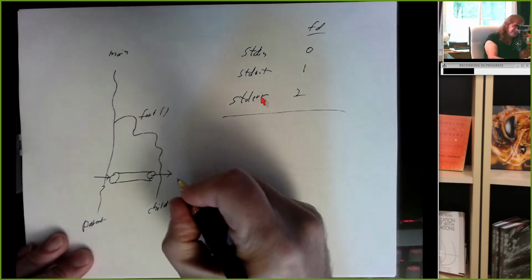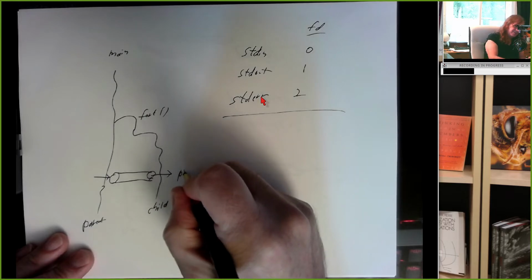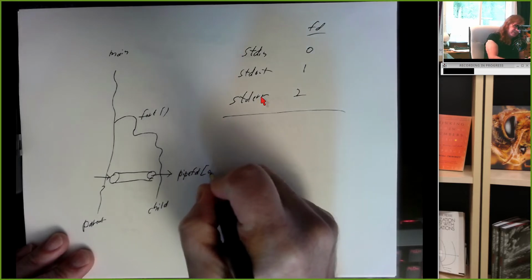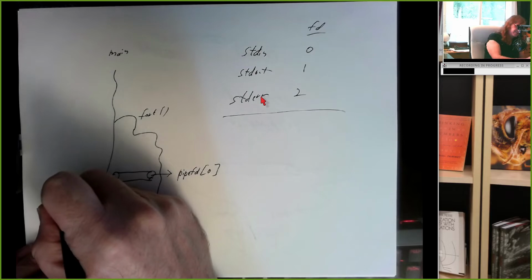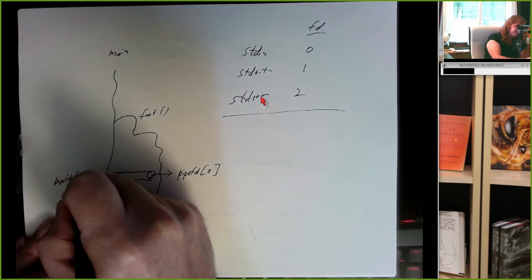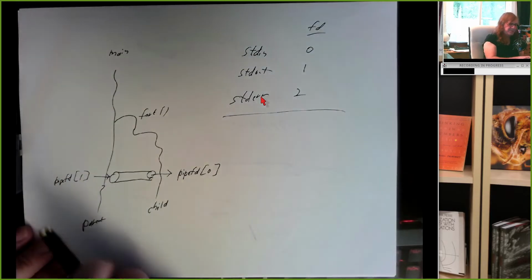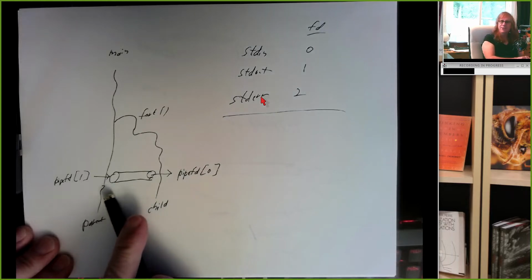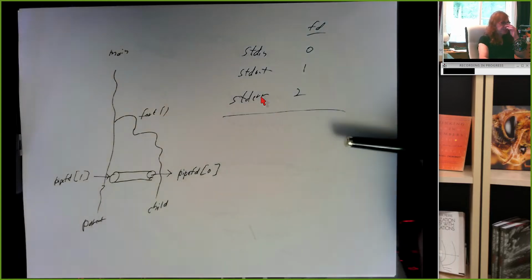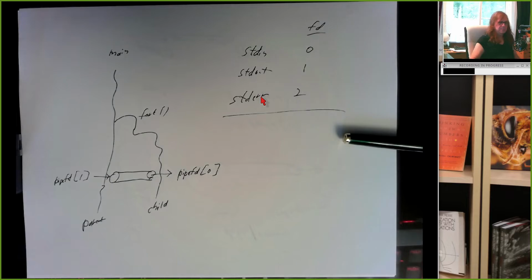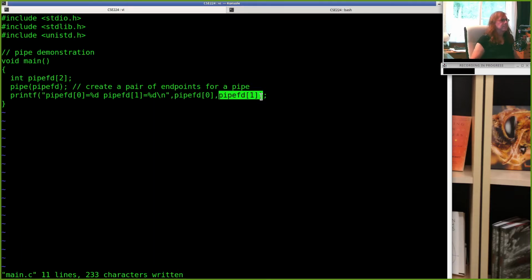And the assignment of those goes like this. Right? Pipe FD bracket 1 is the end that you write into. Pipe FD bracket 0 is the end that you read from. So we've got our pipe created.